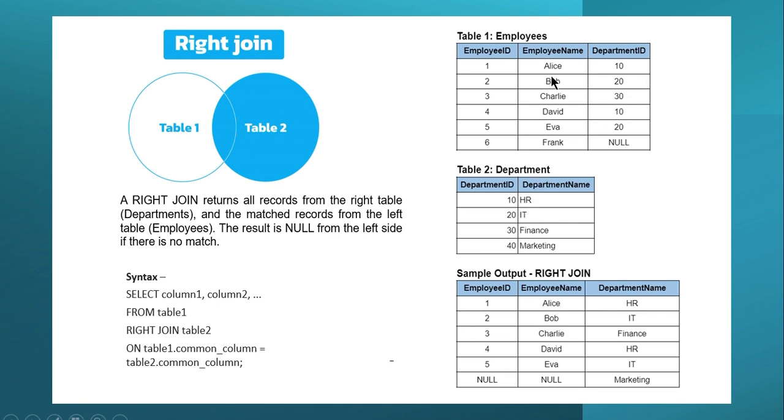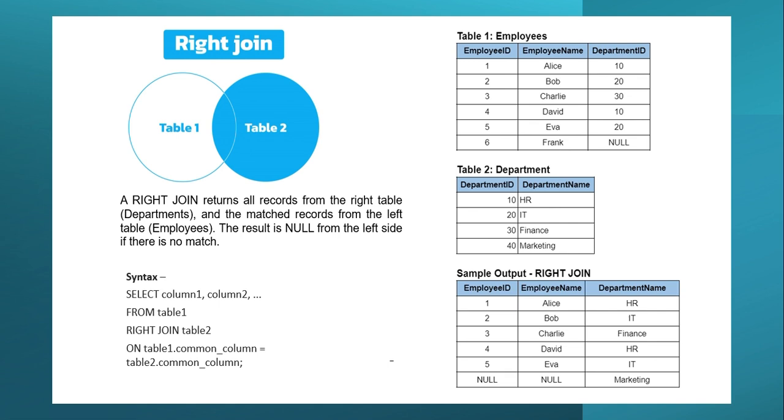Now Bob with employee ID 2 has department ID 20, which matches with the IT department. Now Charlie, employee ID 3, has department ID 30, which matches with the finance department. David with employee ID 4 has department ID 10 and it matches with the HR department.